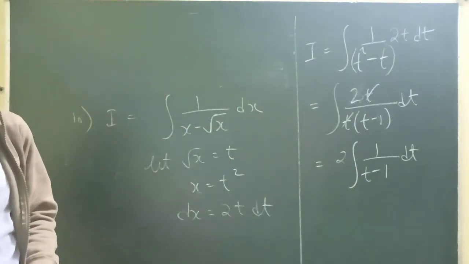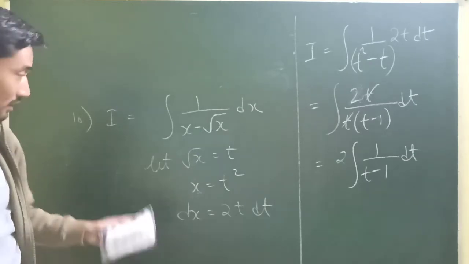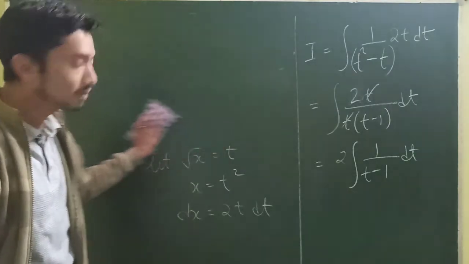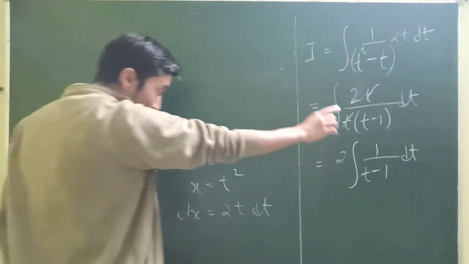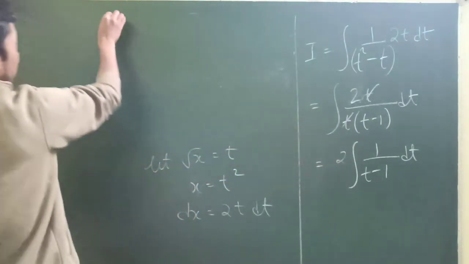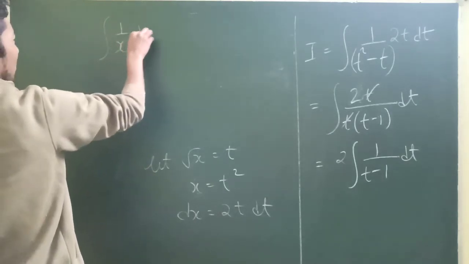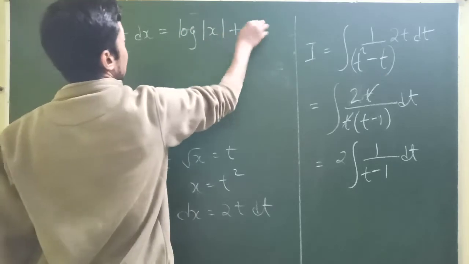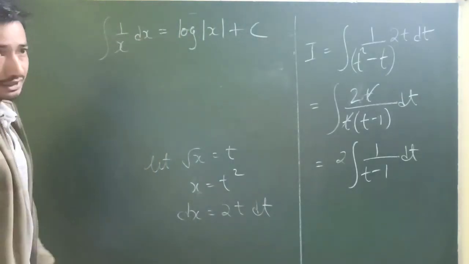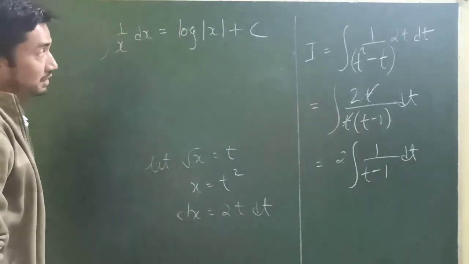Integral of 1 by (t minus 1) dt. So here again I'm going to give you one formula which you already know. Take a note or listen. Integration of 1 by x dx with respect to x is log of x plus c.